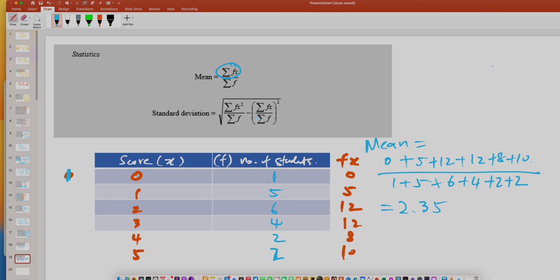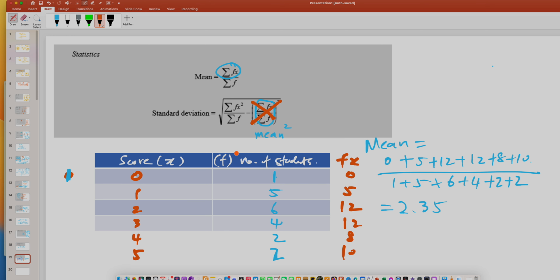One thing to note is, can you see that this is actually your mean? So this is mean square. That means you don't have to care about this already.